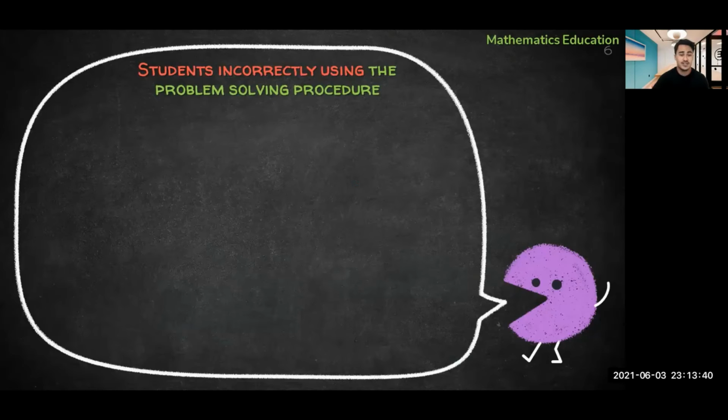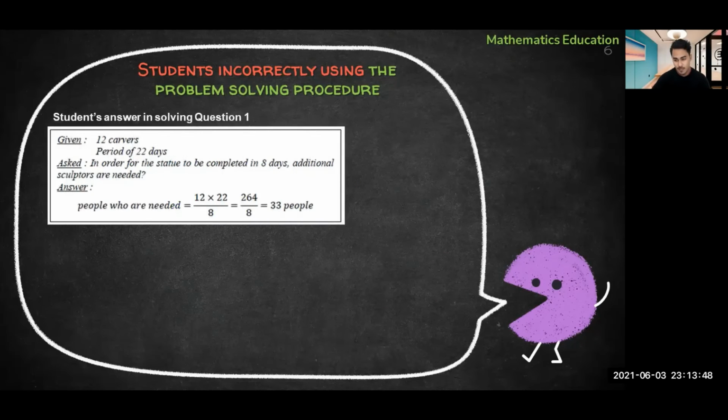The second factor of epistemological obstacle that we found in this research. We use question one to present this epistemological obstacle. The second factor, students incorrectly using the problem-solving procedure.